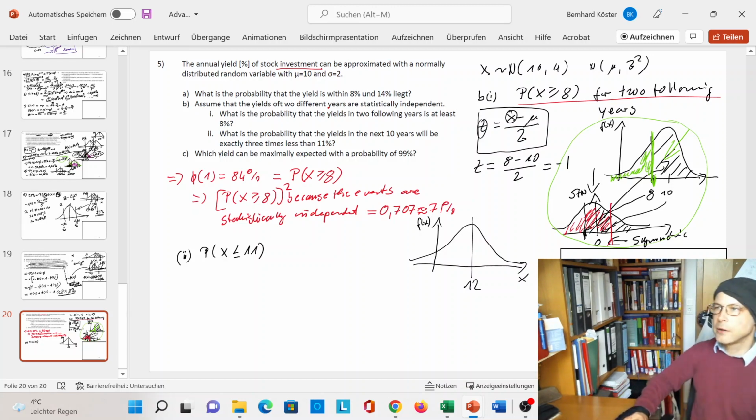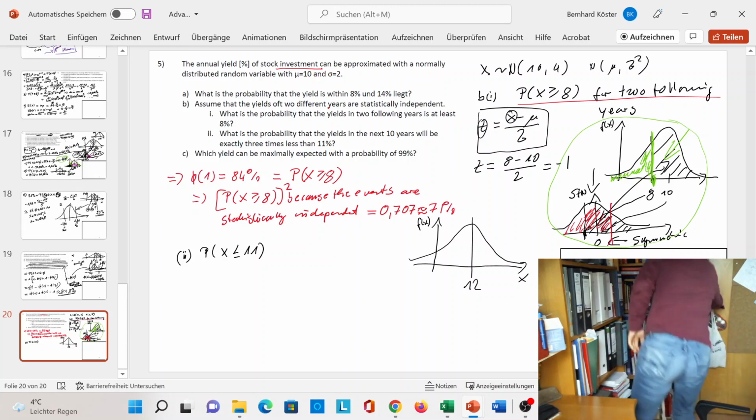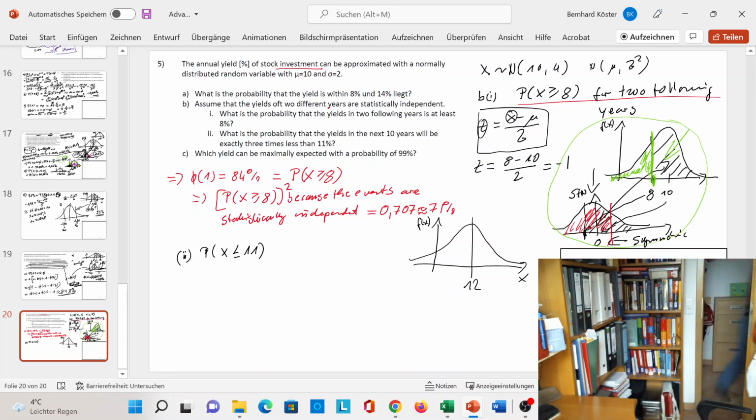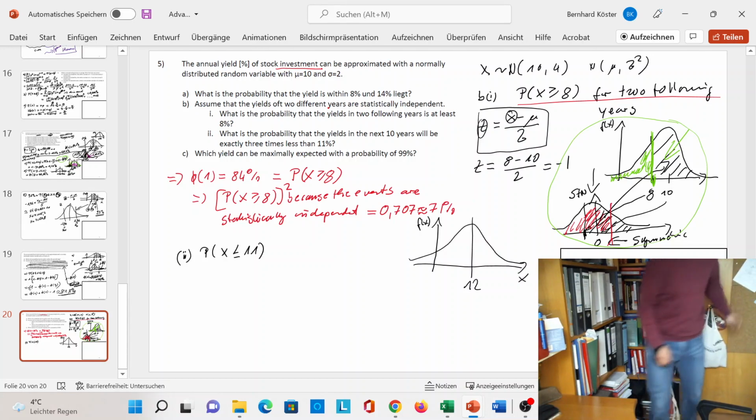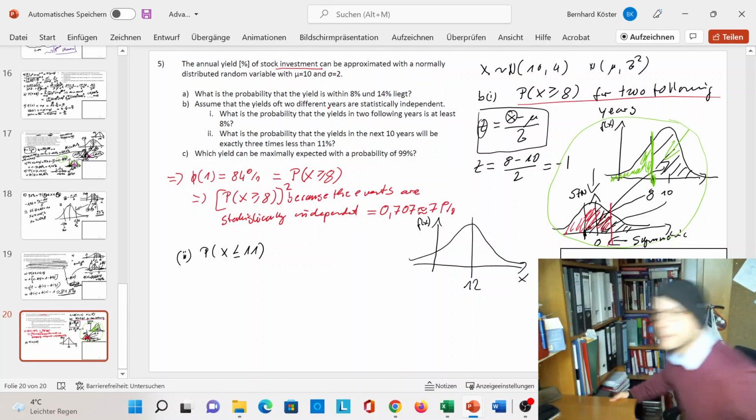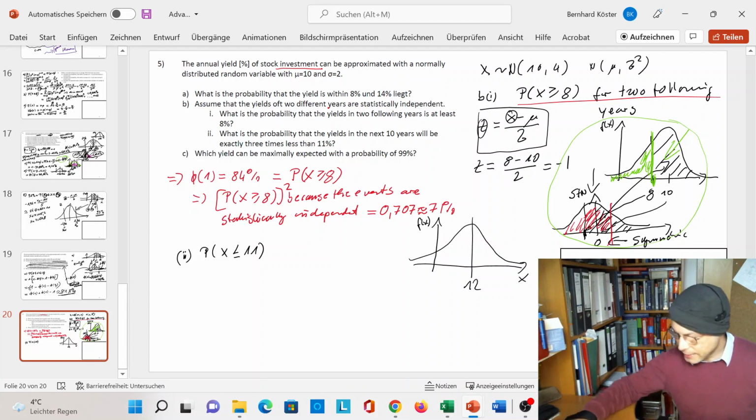Sorry, this is my clock. I think my son just played around with it. On the left side, great.